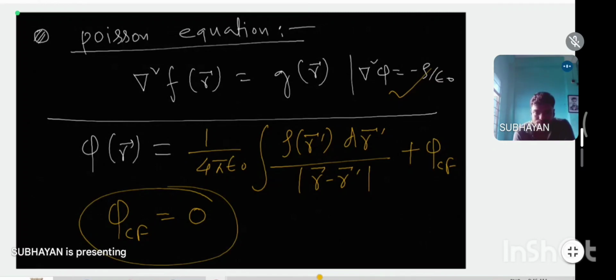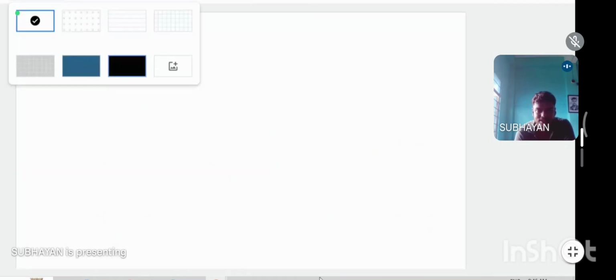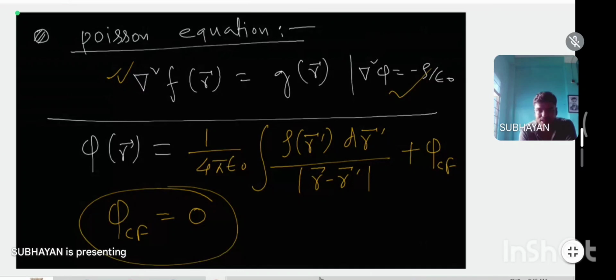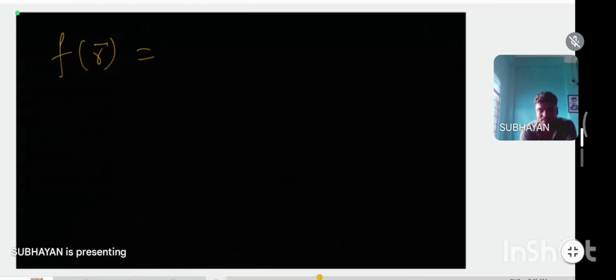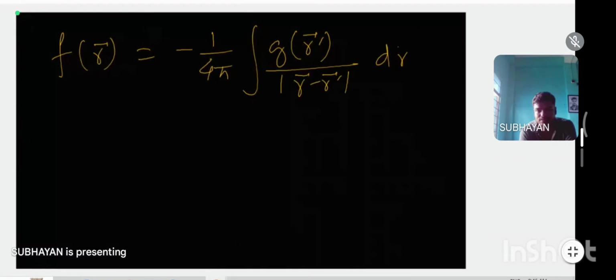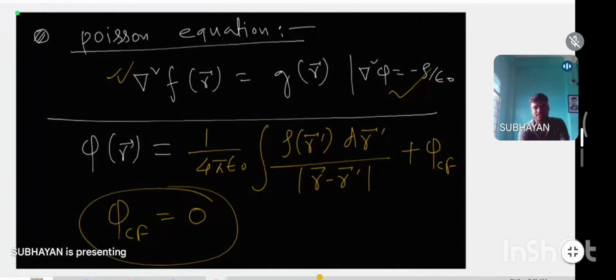So in the general case, for this one, the solution you can write is f of r equal to minus 1 by 4 pi integration g of r prime by mod of r minus r prime d cube r prime plus the complementary function.